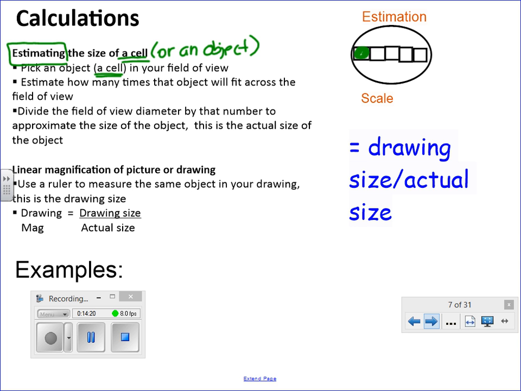And then the second point asks you to estimate, and I really do mean estimate. There might be more than one way to answer a question correctly when estimating is what you're using. But you're going to estimate how many times that object will fit across the field of view.